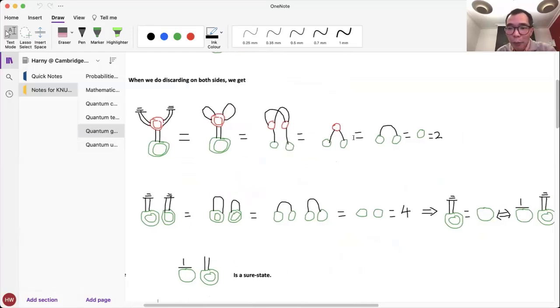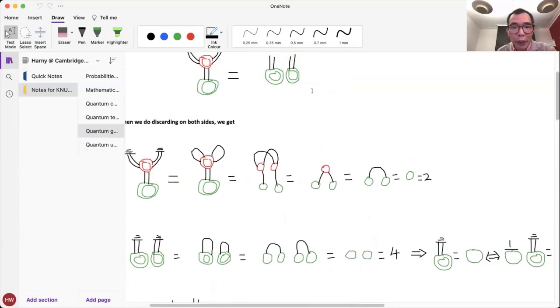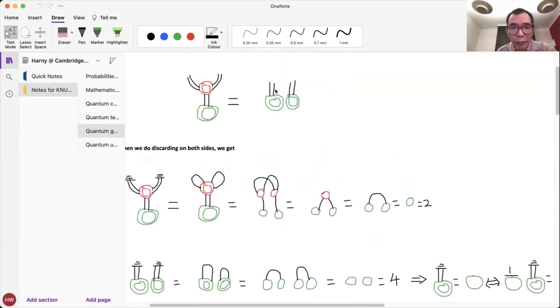We want to have a short state for this. If the discarding of this has probability 1, then this also 1, then you will get the same, right?